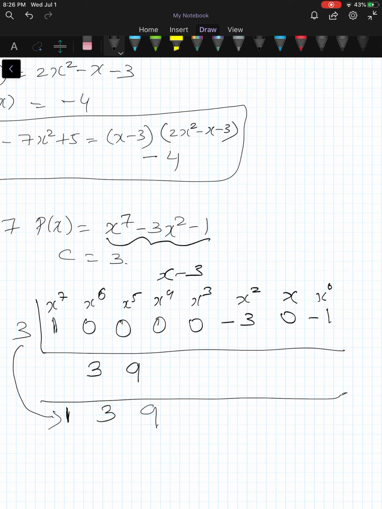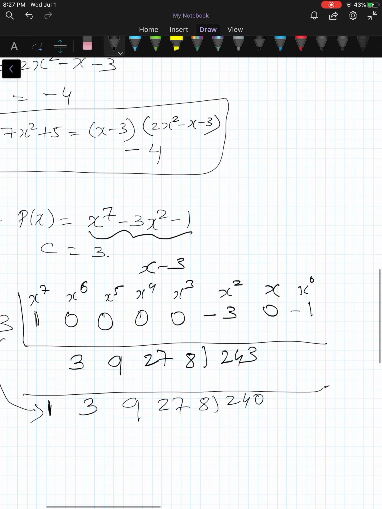Add 0 and 9, it will be 9, multiply 3 and 9, you get 27, put it under the next 0, so 0 plus 27 is 27. Multiply 3 and 27, you get 81, so add 0 and 81, it will be 81 itself. Then multiply 3 and 81, you get 243. Add negative 3 and 243, you get 240.